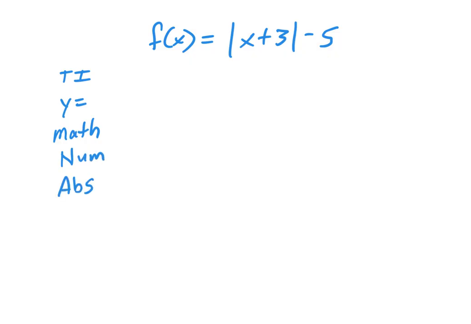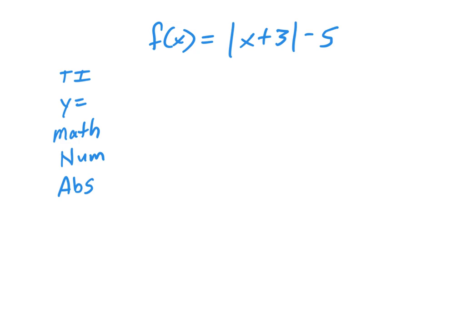So it's kind of hidden. It's not just right out there to put that absolute value symbol in. Depending on how old your calculator is, if you have a newer TI calculator, it actually will put the vertical bars in the y equals for you. Some of the older calculators still just use the letters ABS for absolute value. The older calculators didn't put the actual vertical bars in there.